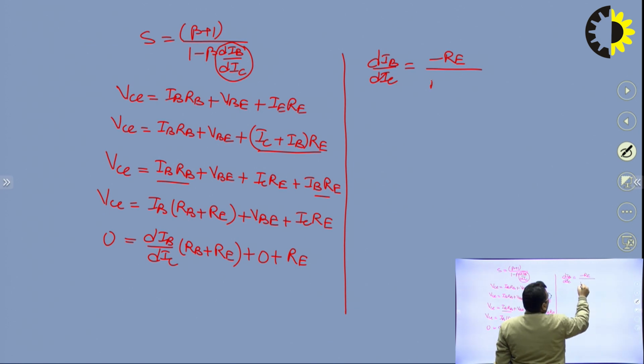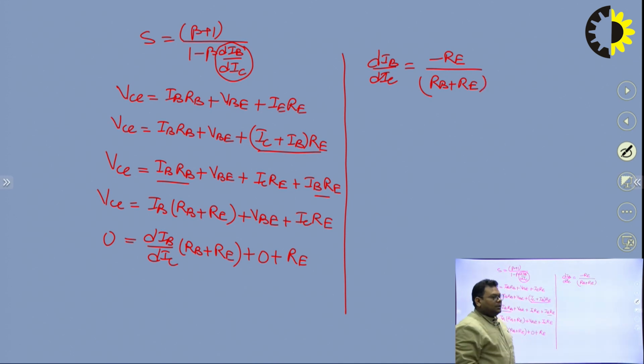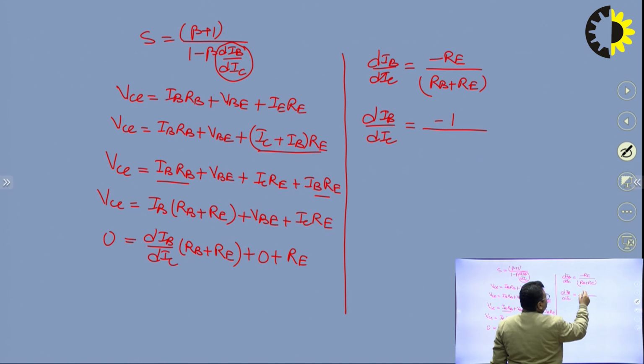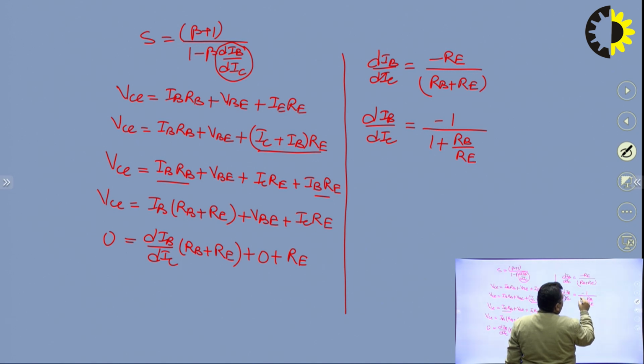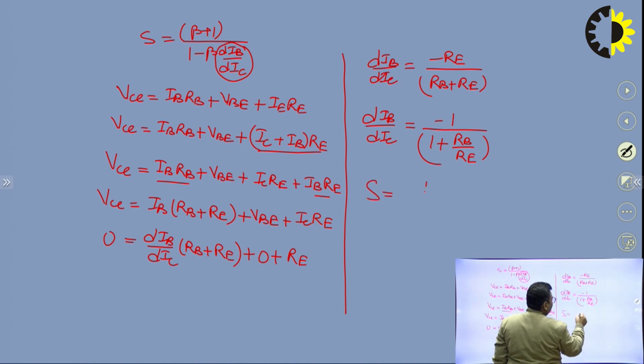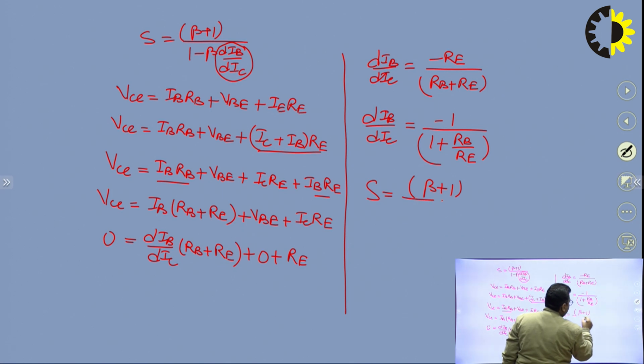upon (RB plus RE), right, or it can also be written as dIB over dIC is equal to minus 1 upon (1 plus RB upon RE). So this will be the value. Now if you put this value into the stability factor, S will be equal to (beta plus 1) divided by (1 plus beta into 1 upon (1 plus RB upon RE)), right?